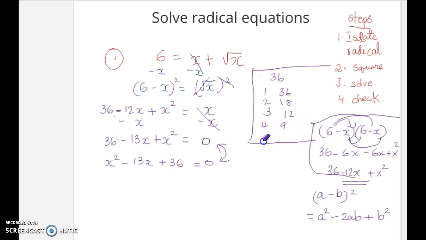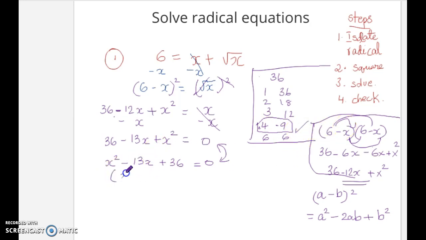No, 6 times 6 is also 36. So these are the possibilities of 36. We know that this pair out of these can actually give me 13 if I call them both negative numbers. Negative 4 and negative 9 can give me negative 13. So those are the numbers we're looking for.